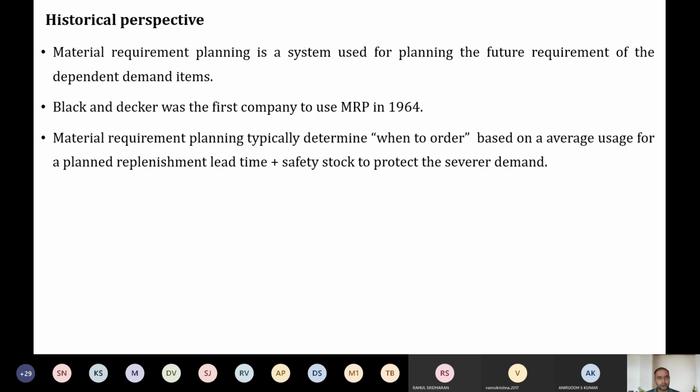You will plan the items required for your classes, right? You go to the shop, buy a notebook and a pen for the new semester. At least we do this basic thing, right? We buy a notebook and a pen to write something newly. So that is called material requirement.